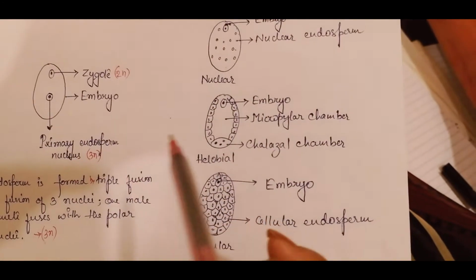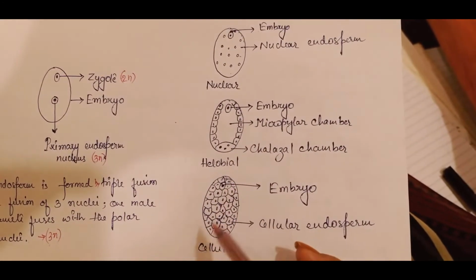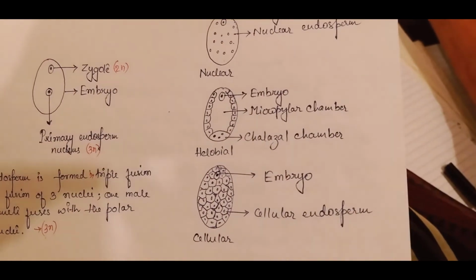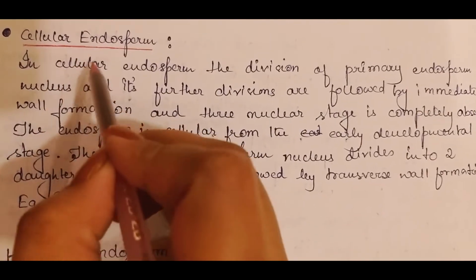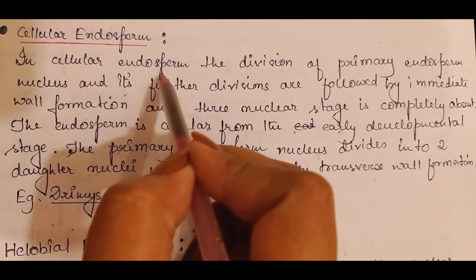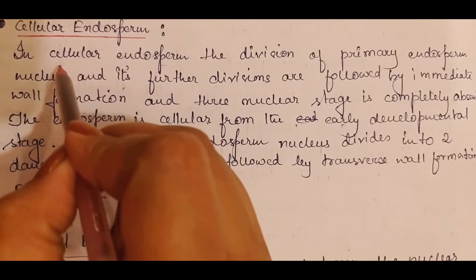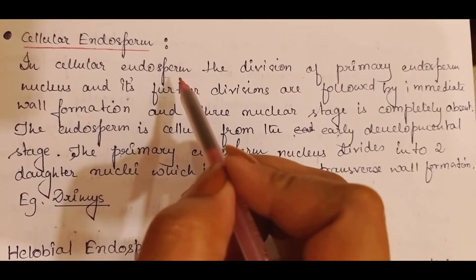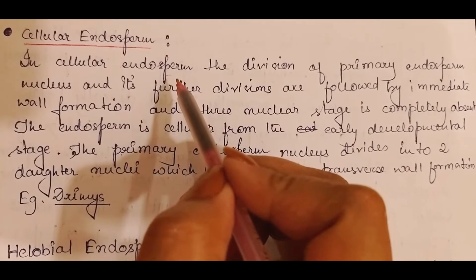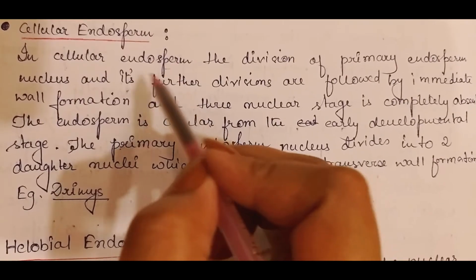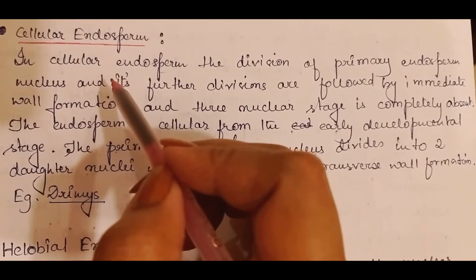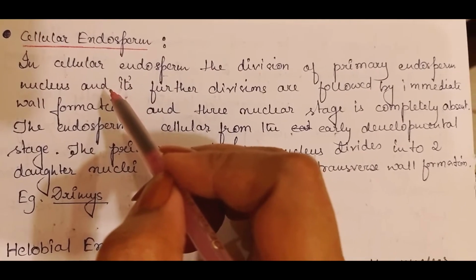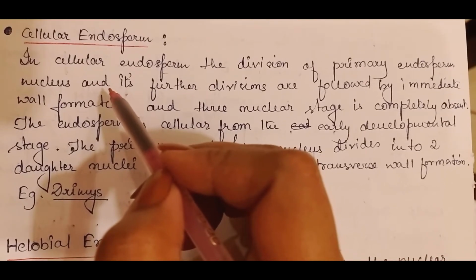Now we'll come to cellular endosperm. In cellular endosperm, from this word you can understand it has got something to do with the wall formation. The nuclear division is accompanied by immediate wall formation.